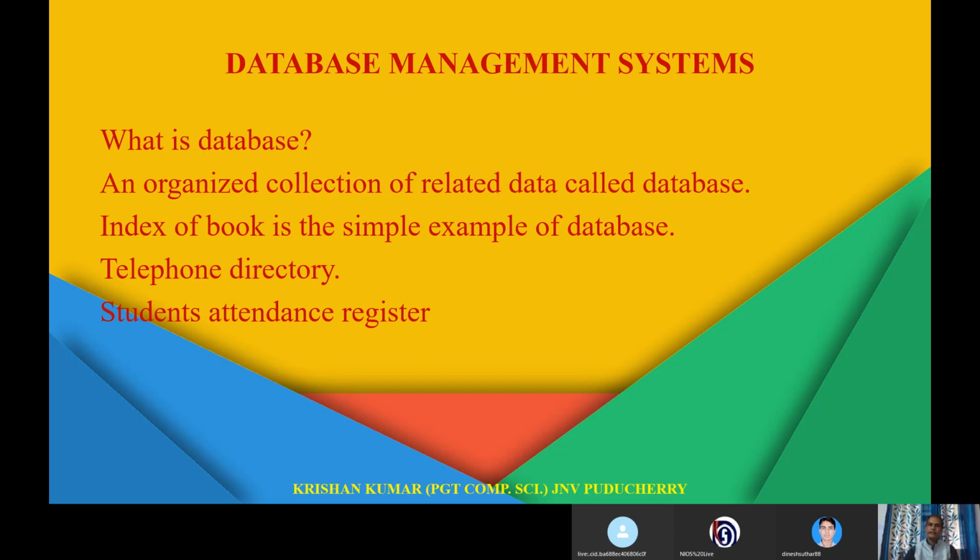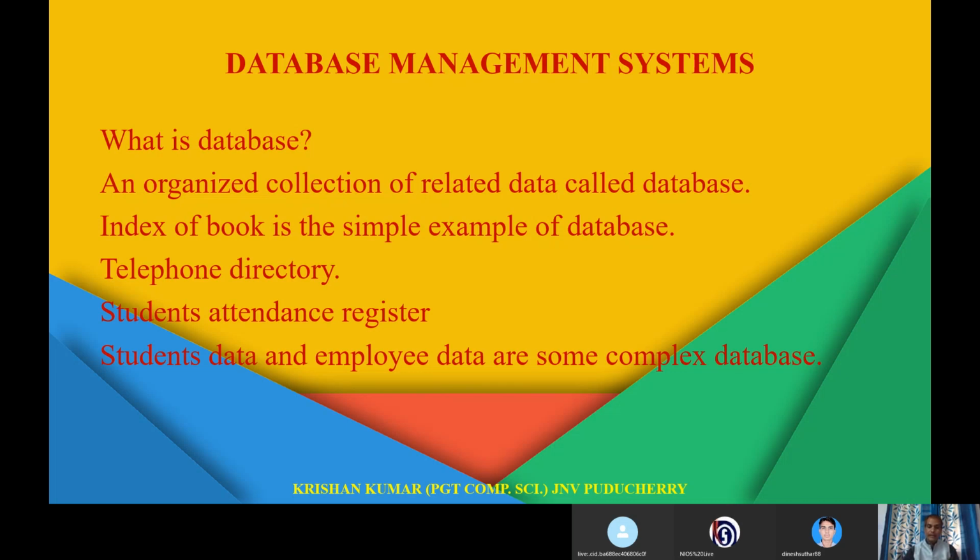So these are simple examples of a database, and some complex examples are also available, like a school database which is related to student data, and a company database which is related to employee data. Student data may be divided into one file called the admission file, a second file called the teachers file, a third file called the library file, and a fourth file for any other information, such as marks information.